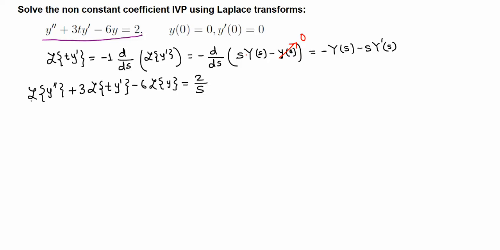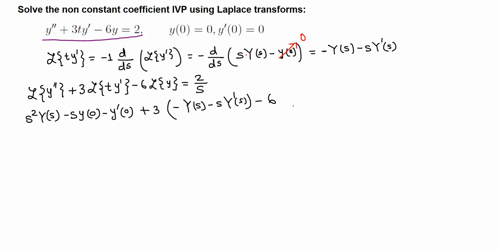From the table or the formula, Laplace of y double prime is given by s squared times Laplace of y, which we denote by uppercase Y, minus s y0 minus y prime 0. So we have s squared Y plus 3 times negative Y minus s Y prime(s), minus 6Y, equals 2 over s.